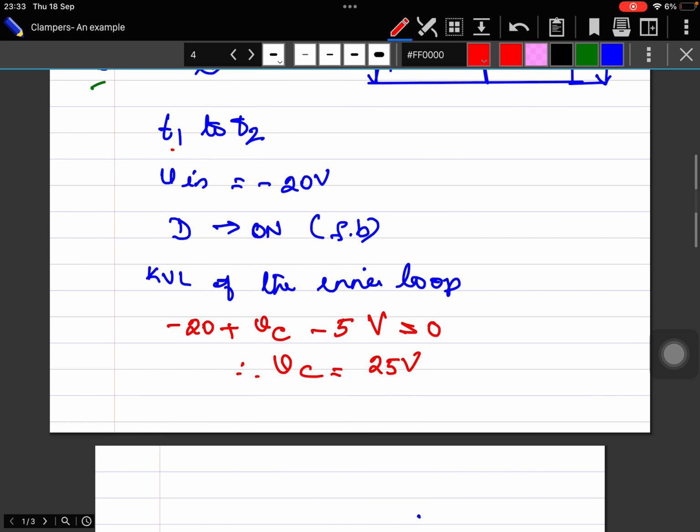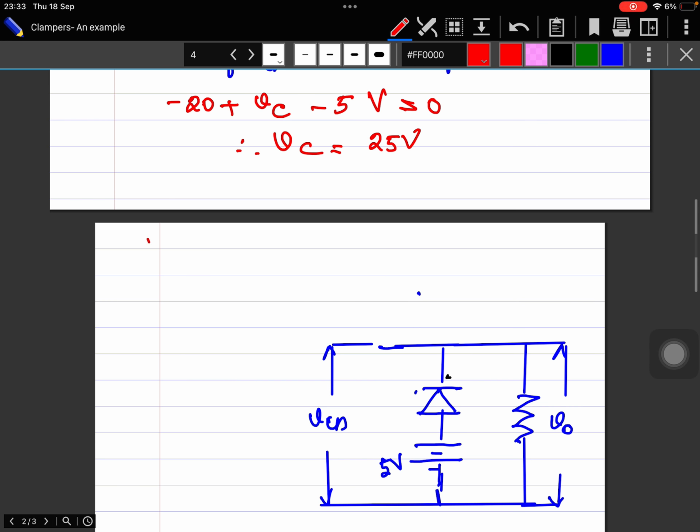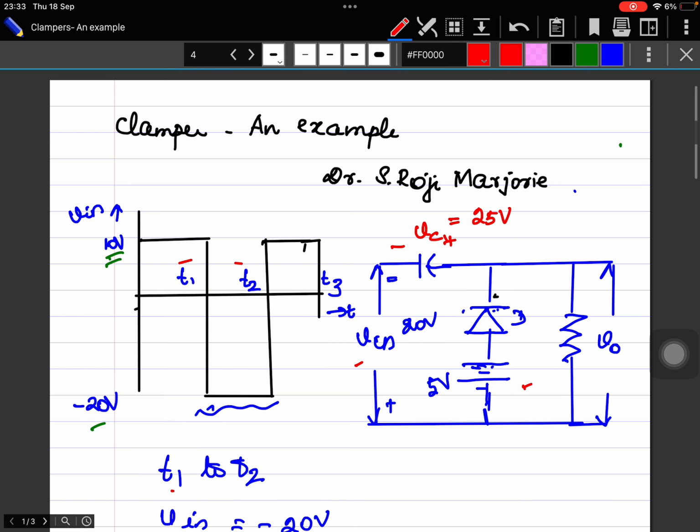Now what is the output voltage? The resistance appears directly across this branch. Here you have a diode and a voltage supply. When the diode is on, it has a very small voltage across it of 0.6 volts or something like that, and this is 5 volts.